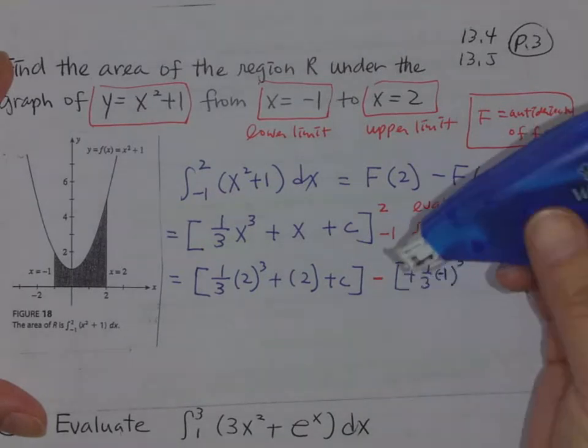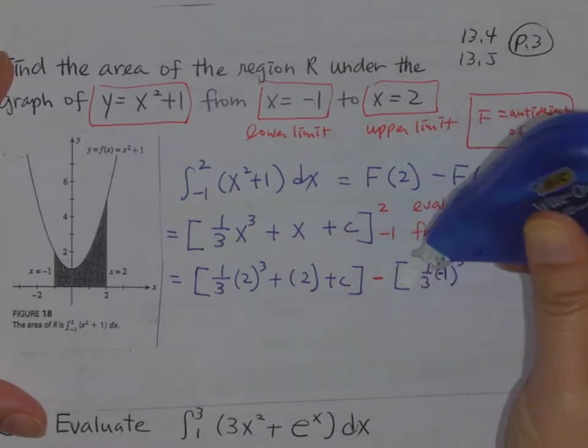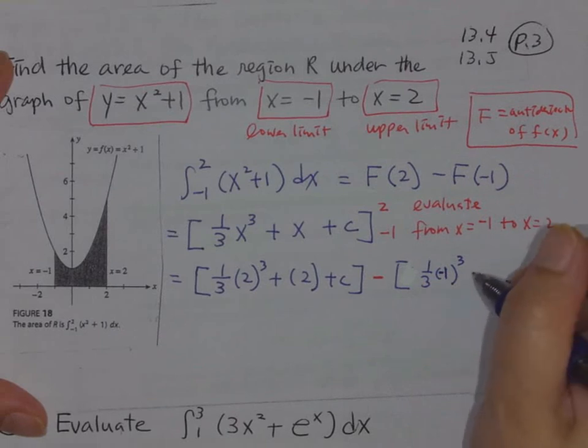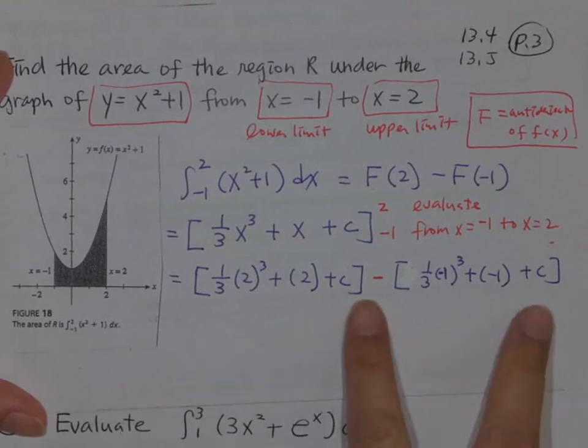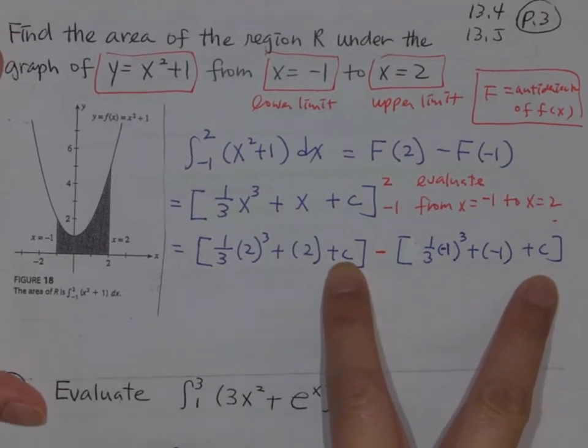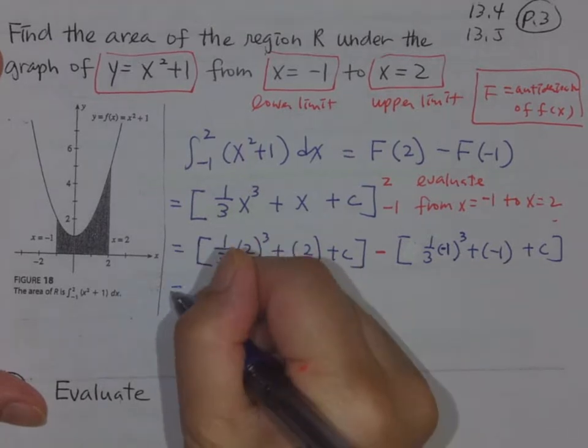What am I doing? I think in my head I just multiply them together. And then plus negative 1 plus my c, right? After doing that a few times, you will know the c is always going to cancel out. So for the definite integral, normally they don't even write the c at all.